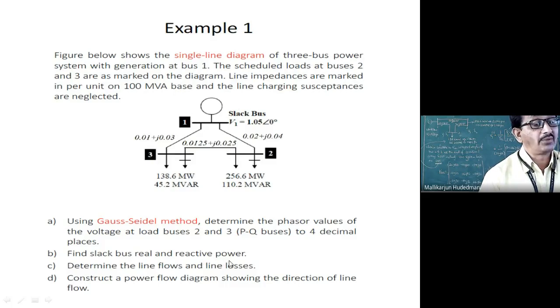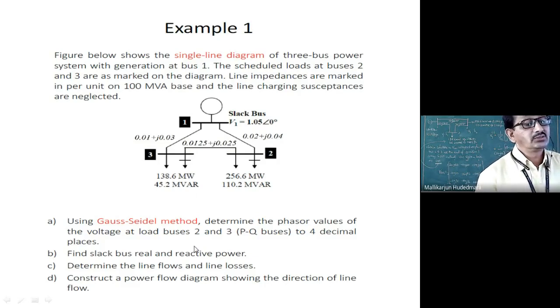How much power is delivered to meet the loads at bus 2 and bus 3 as well as the transmission line losses, because there is no generator other than the slack bus? That is the only generator, and it has to fulfill the load as well as take care of losses. How much power is supplied by it has to be calculated.